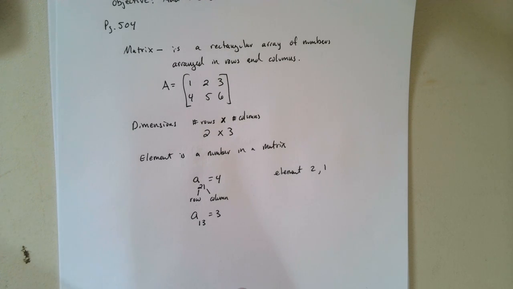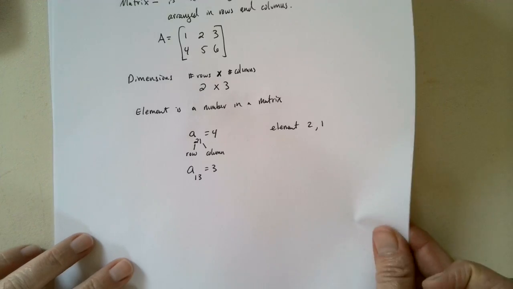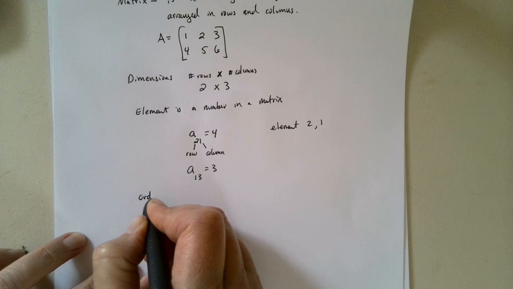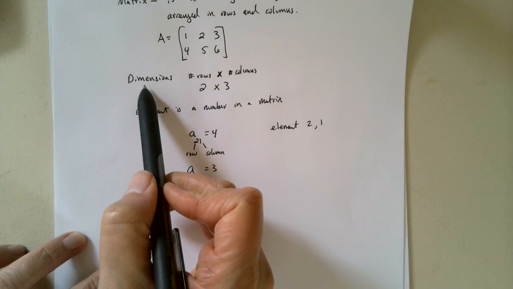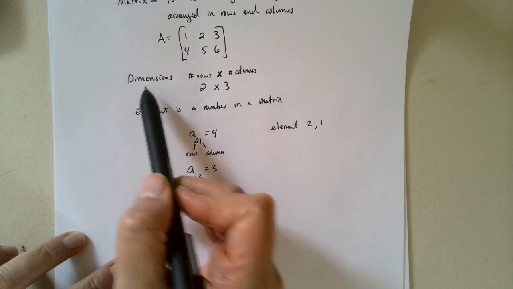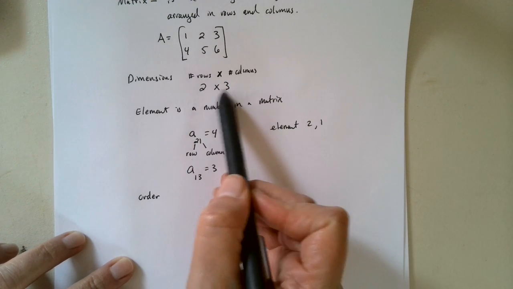Stay on page 504. And in the sentence below the blue box, it says 2 matrices are equal if they have the same order and all of their corresponding entries are equal. So we need to talk about a couple of things there. First of all, in Algebra 2, it talks about the dimensions of a matrix, so rows by columns, 2 by 3.